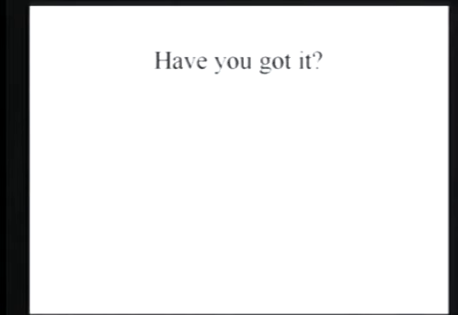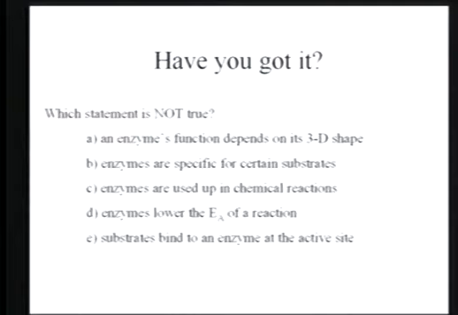Okay, so there's a question to ask to see if you remember this stuff about enzymes. Okay, if you were paying attention Friday and today, this should be fairly obvious.